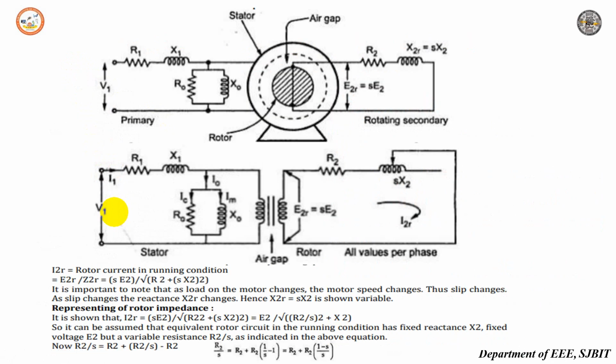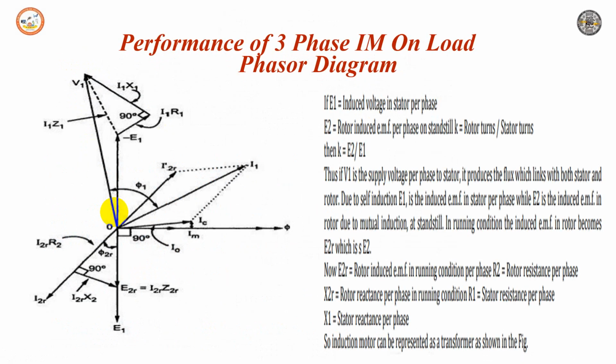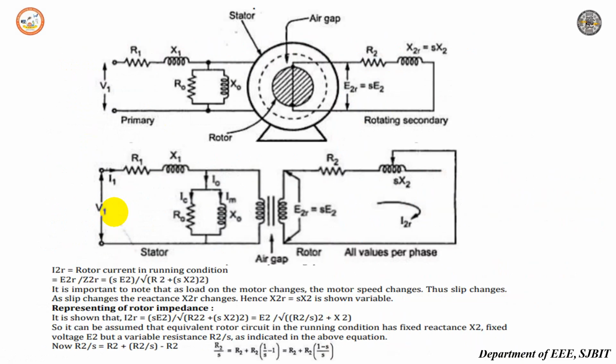So V1 can be written as follows. The rotor current in running condition: we know that I2R is E2R by Z2R. So I2R is equal to E2R divided by Z2R.